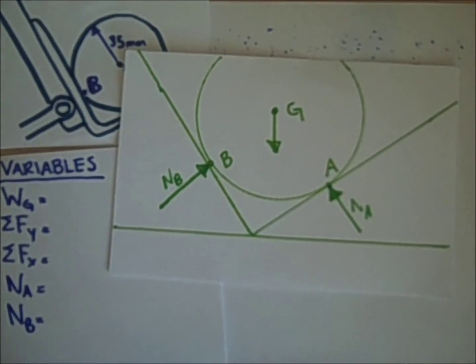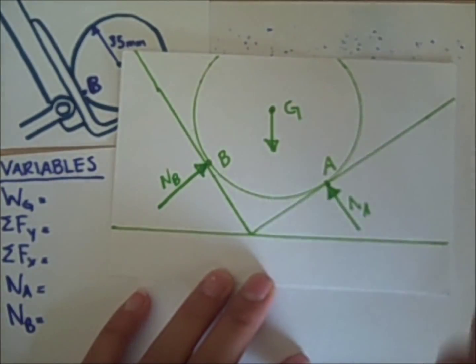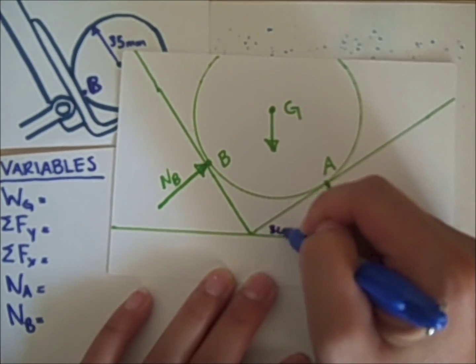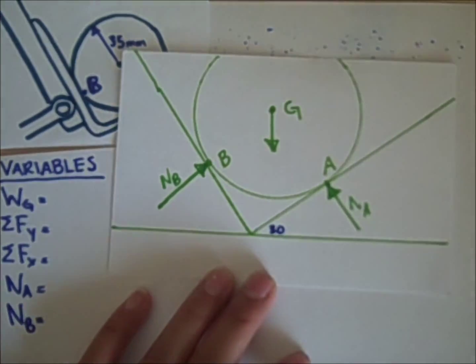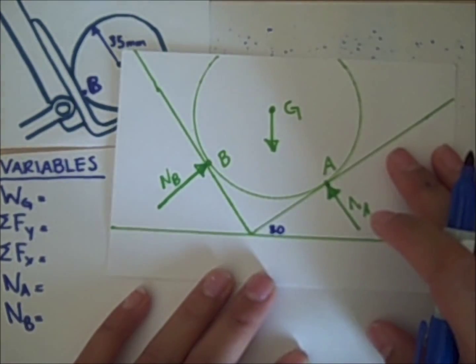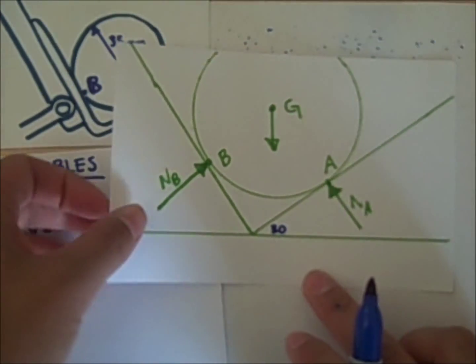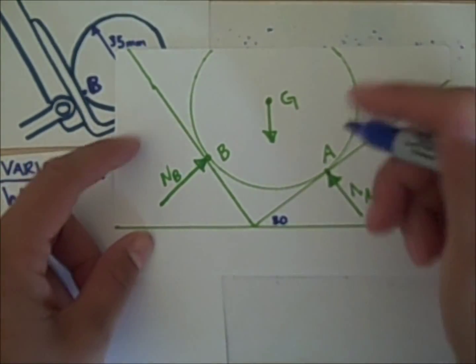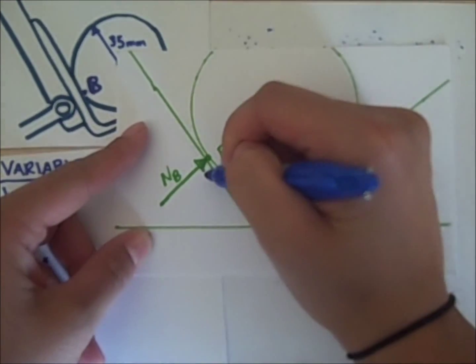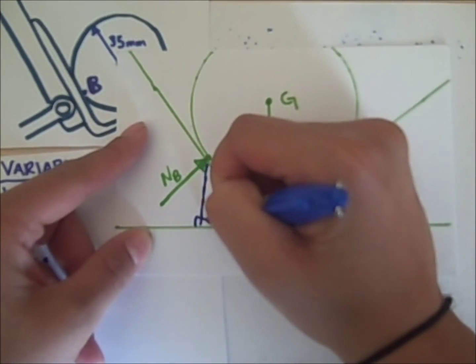So next up, we're going to be breaking up the forces. So we know that this is going to be the 30 angle. That's what is given to us right here. And so then we can break this up into a right triangle, because it's easier.